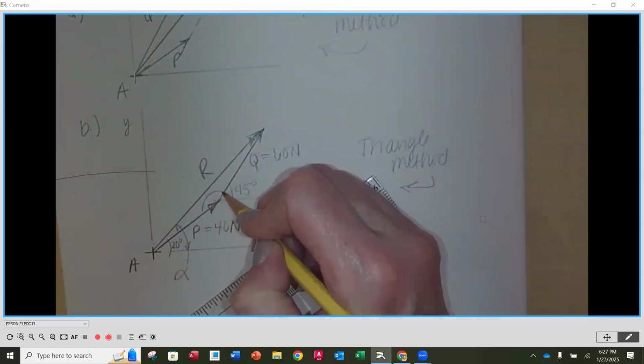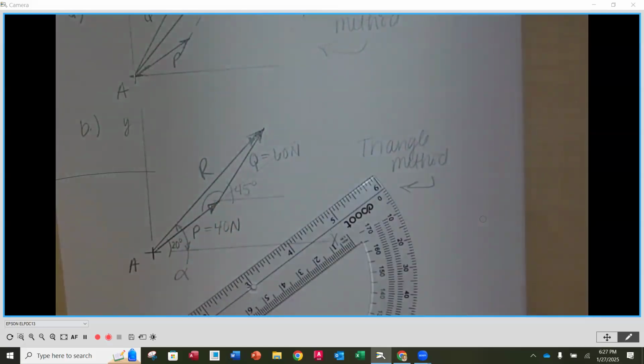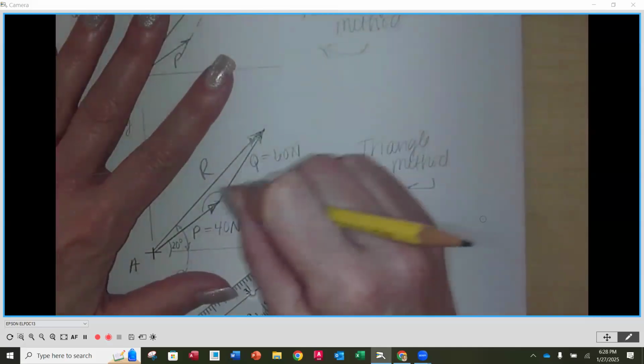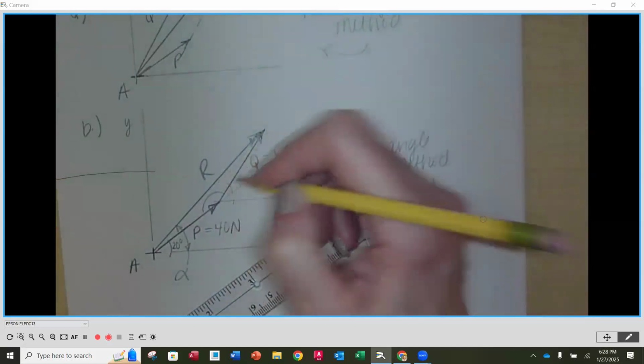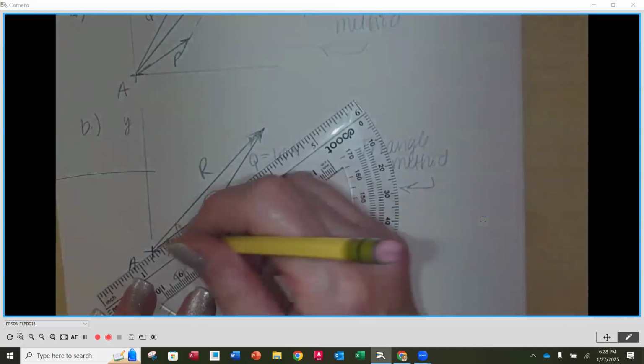This one right here. Yep. You get 180 minus 45, or you make a right triangle at point P and find the degrees on that one. Okay, I know where you're going. I'll show you what I see.